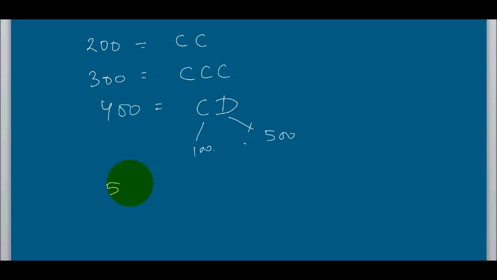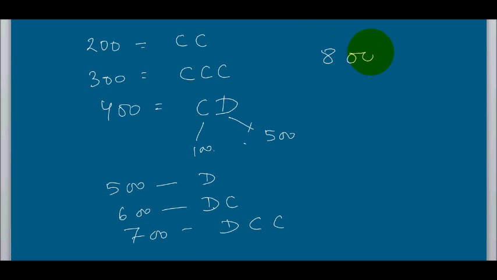Clear? Now 500, you know, D. 600 is D plus C, that means 500 plus 100. 700 is DCC. 800 is D triple C. Now you cannot repeat this C anymore.